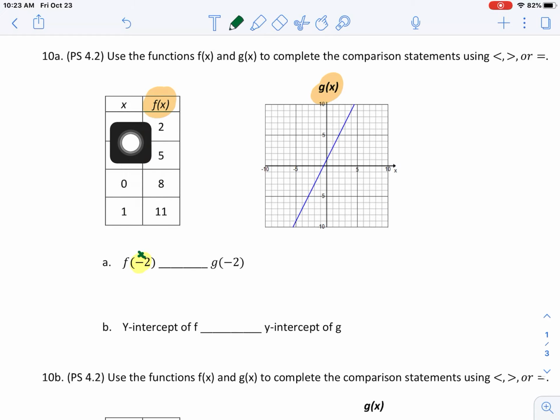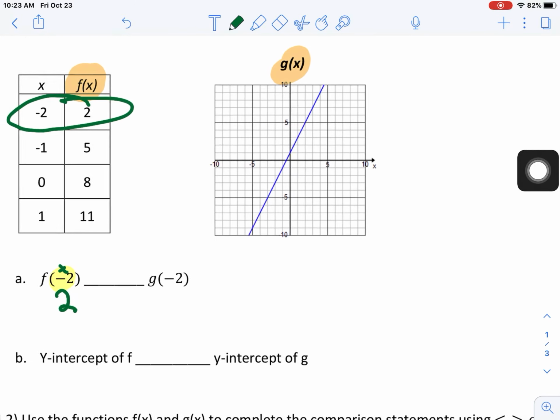What is y? So find negative 2 for x. Here it is. And we can see that the corresponding output is 2. So that's the first step, figuring out what is f of negative 2. Well, when the input is negative 2, the y, or the f of x, is 2.